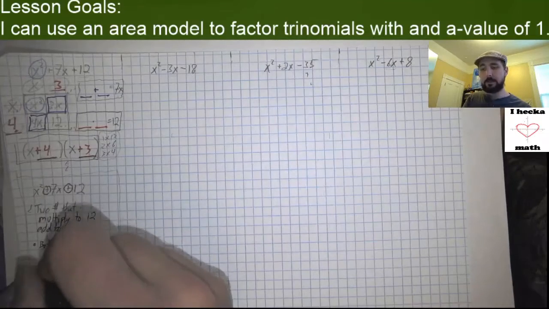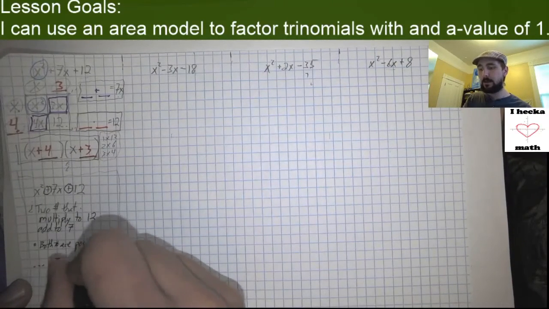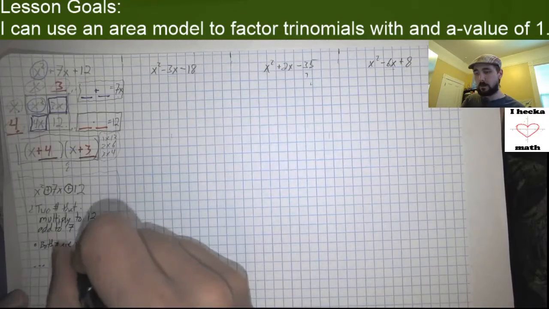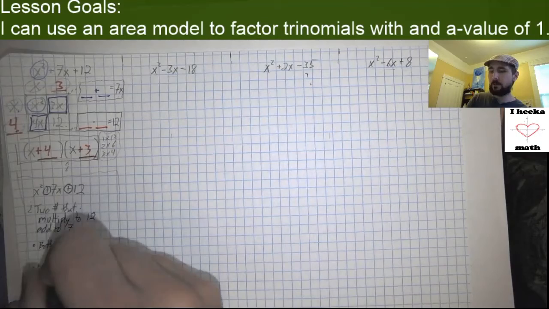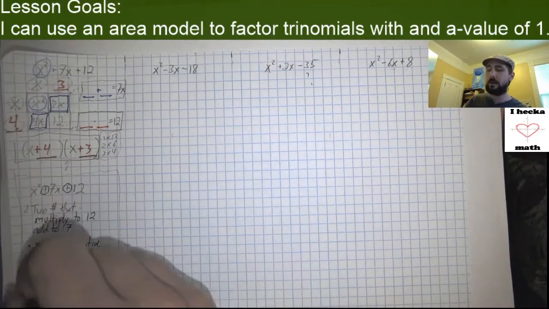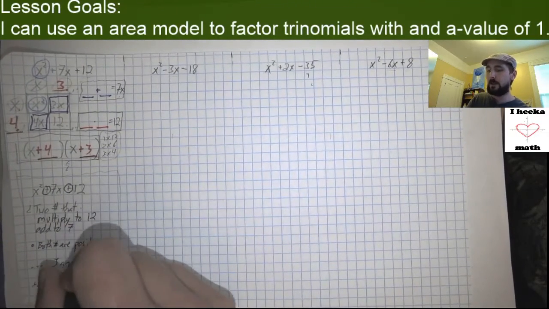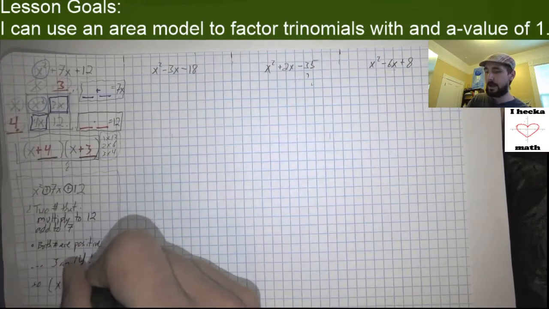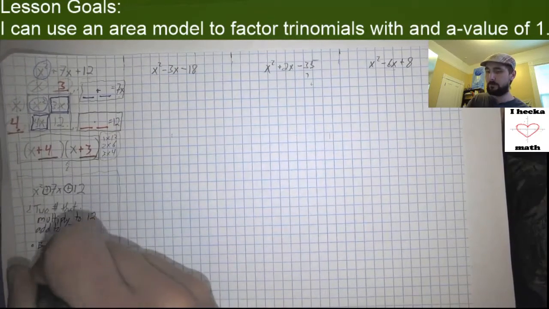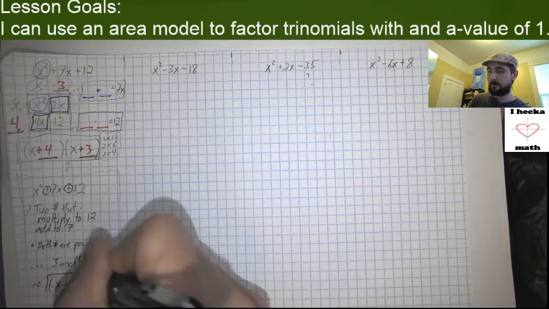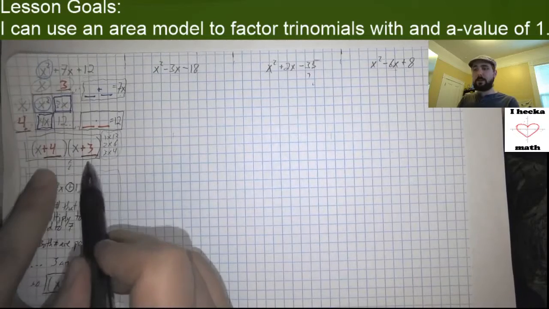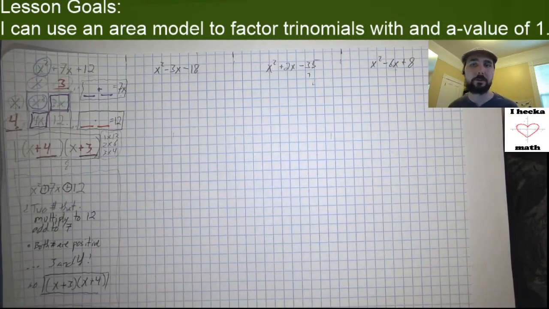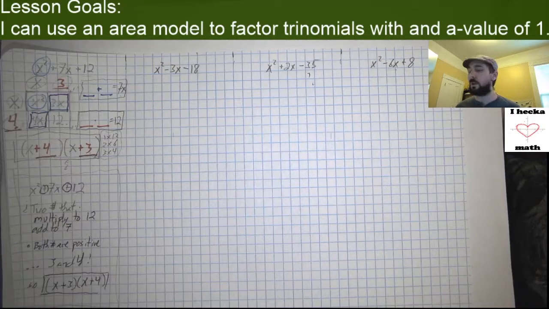And we ultimately ended up with 3 and 4 being those answers. So our final answer was not 3 and 4, right? Our final answer was x plus 3 and x plus 4. And do you see how I did it in a different order in this version and in this version? Both versions are fine. Both answers are correct. So that's it for this example.